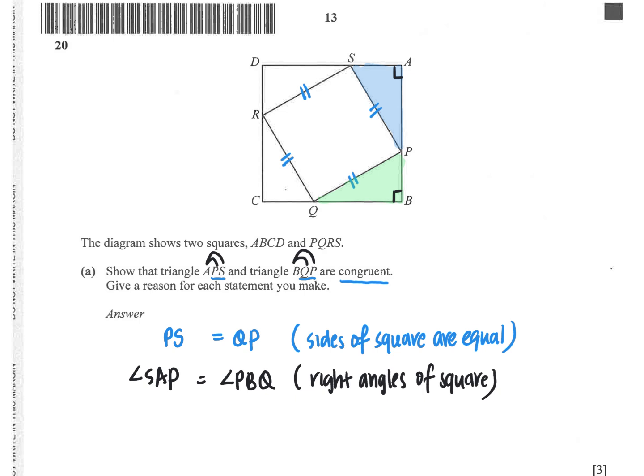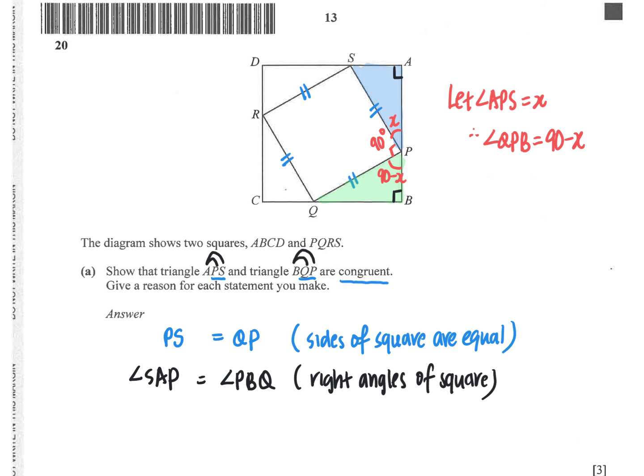So I let this be X. So if I let angle APS be X, this is 90 degree. So therefore, angle QPB must be 90 minus X. This angle here must be 90 minus X, because all three of them must add up to 180 degree.